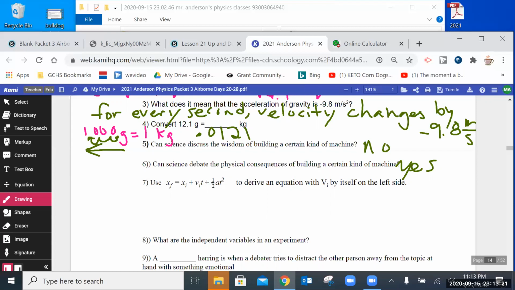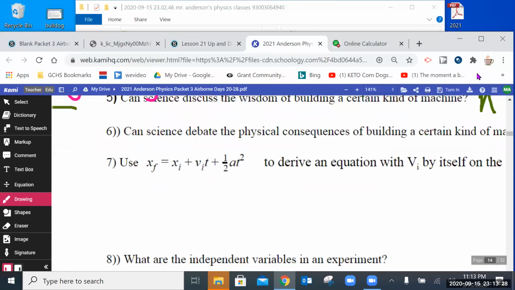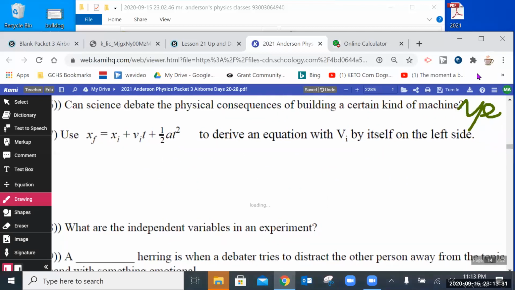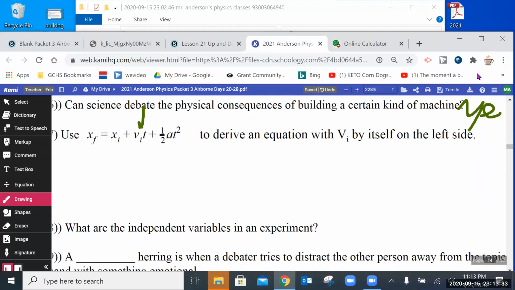Number 7, use the long equation to derive an equation with V1 by itself on the left-hand side. So we want to get the V1 by itself. The first thing I'm going to do is subtract off x sub I from both sides. And then I'm going to subtract off the 1/2 AT squared from both sides.